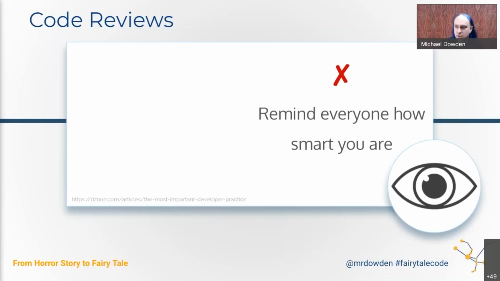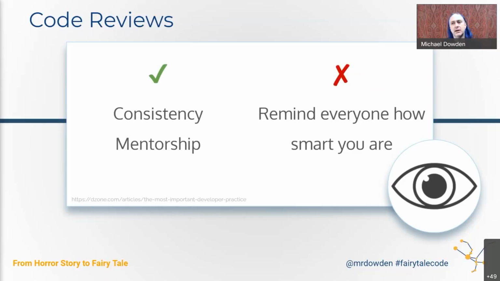But remember, code reviews do not exist to remind everyone how smart you are. They are not there to make other people feel bad. The purpose of code reviews is to apply consistency on your team, to apply consistency to code, and it's a great resource for mentorship.